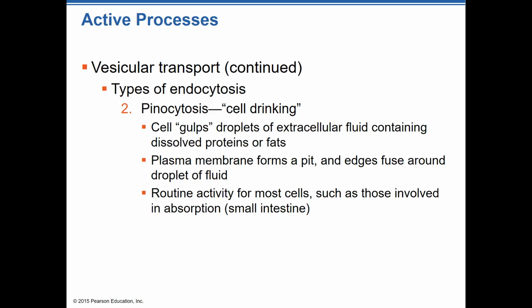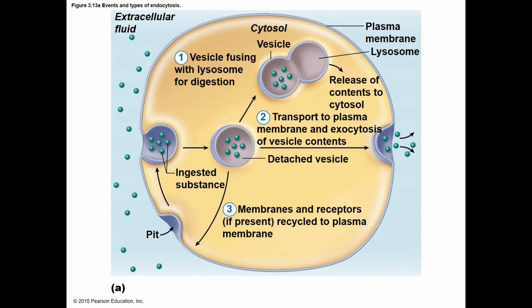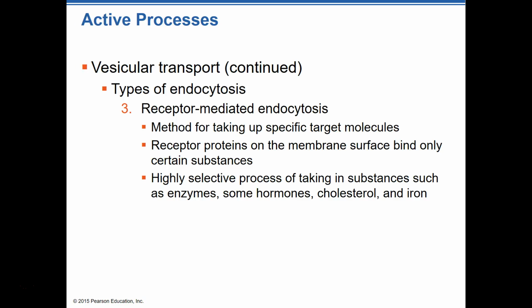Cells routinely do this, especially those involved in absorption, such as the small intestine. It's not unusual for them to drink extracellular fluid. Similar deal where it creates that pit, drinks in the stuff that it needs and releases it inside. There's different types of endocytosis, such as receptor-mediated endocytosis.